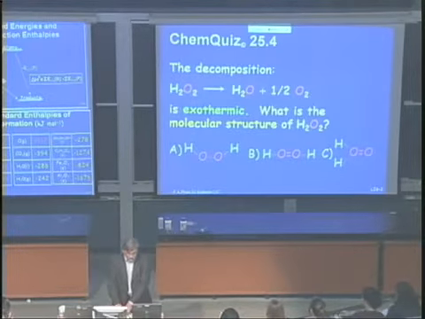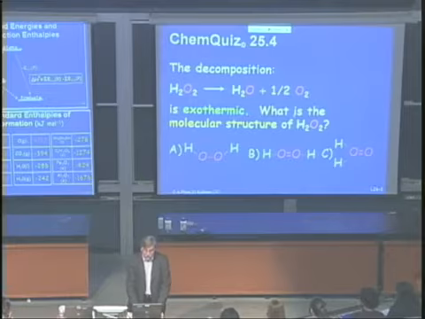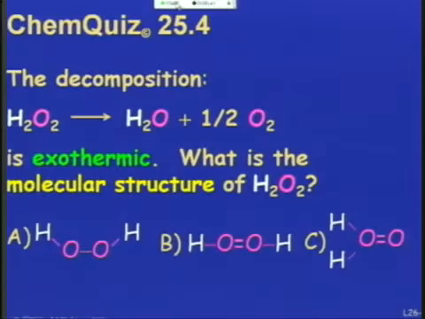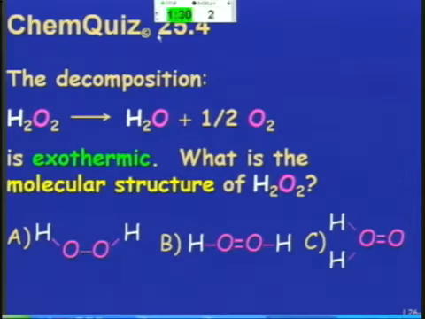We have done this several times, I think, but I want to see if you can still remember and do the reasoning for it, and I give you 1 minute just to see where we are. Please make sure you click in. So is the structure A, B, or C?